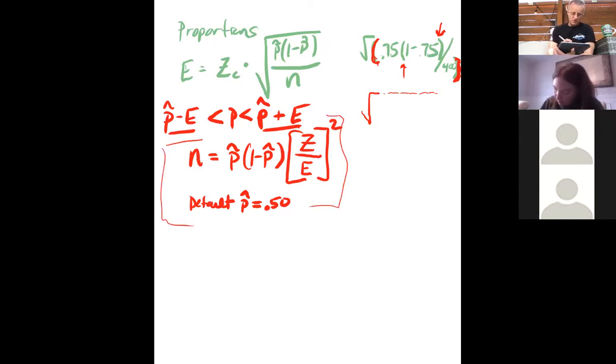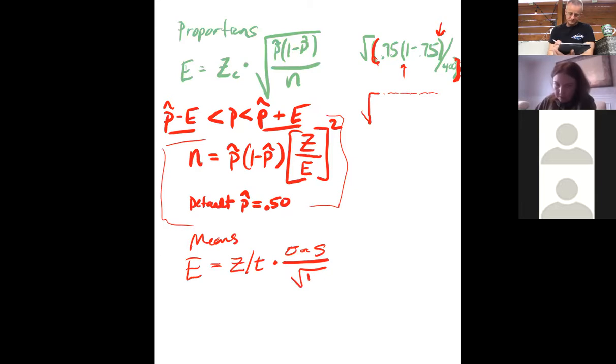And then for means, the margin of error is either z or t multiplied by either sigma or s over square root of n, right?